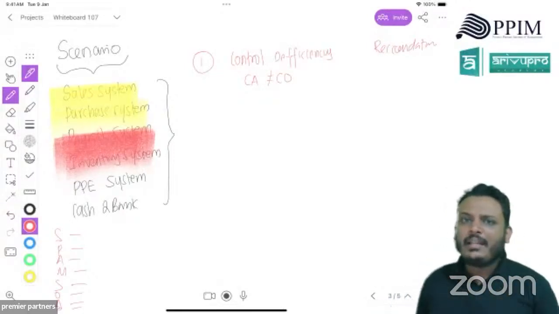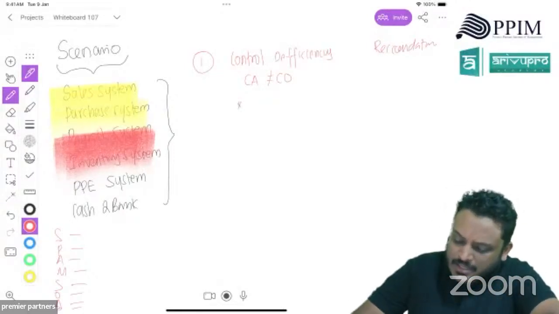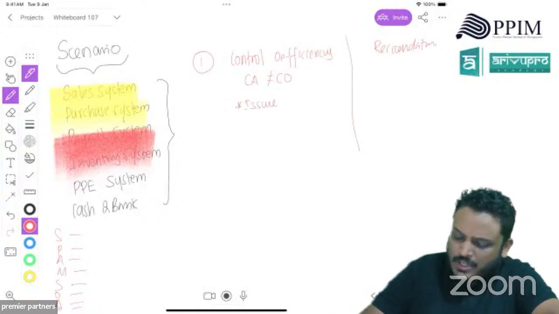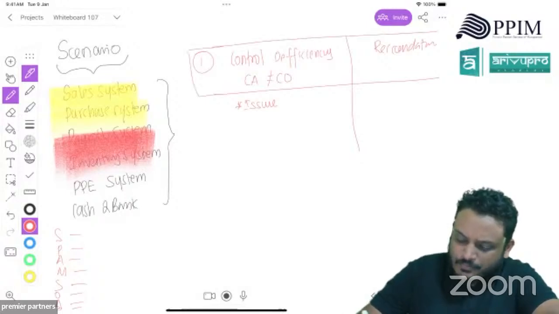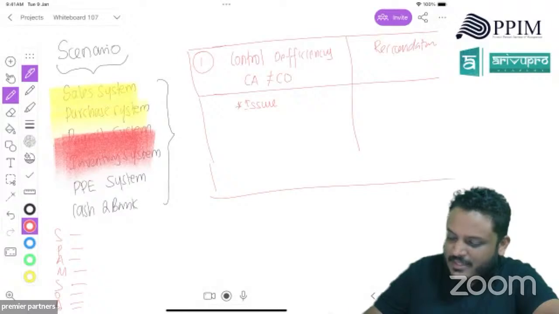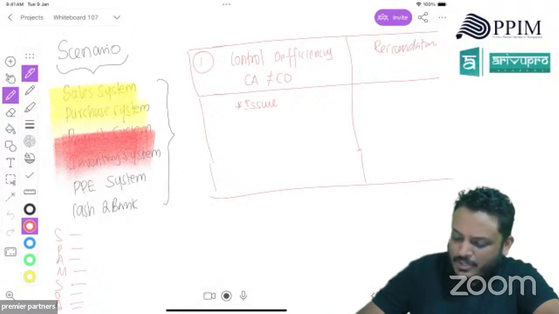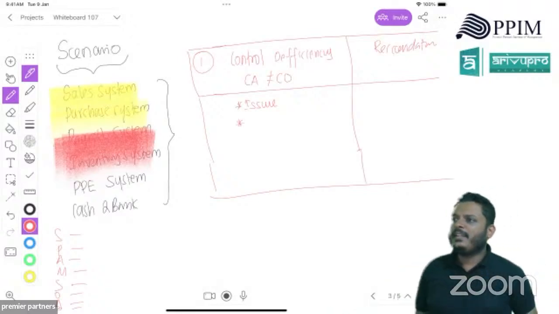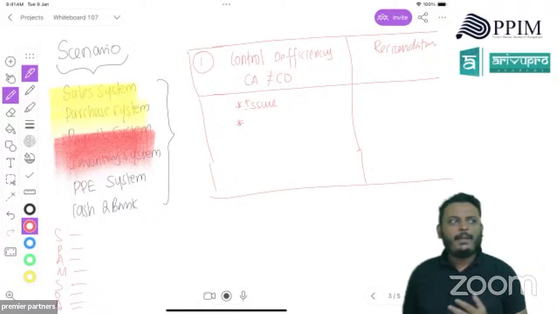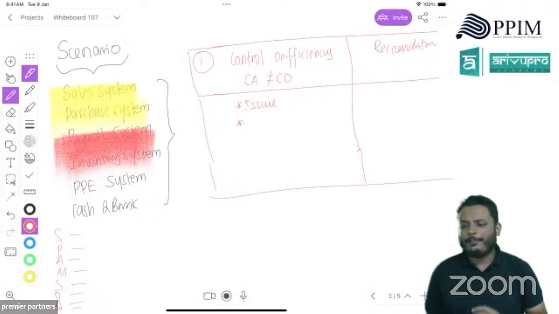So when you are writing a deficiency, students, the answering structure: always we should write the answer in the form of a table. First of all, explain the issue. What is the core problem?